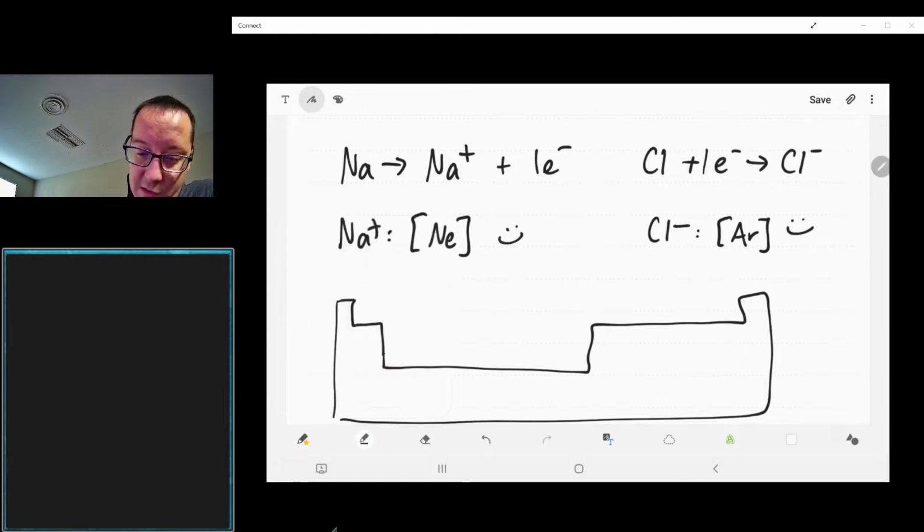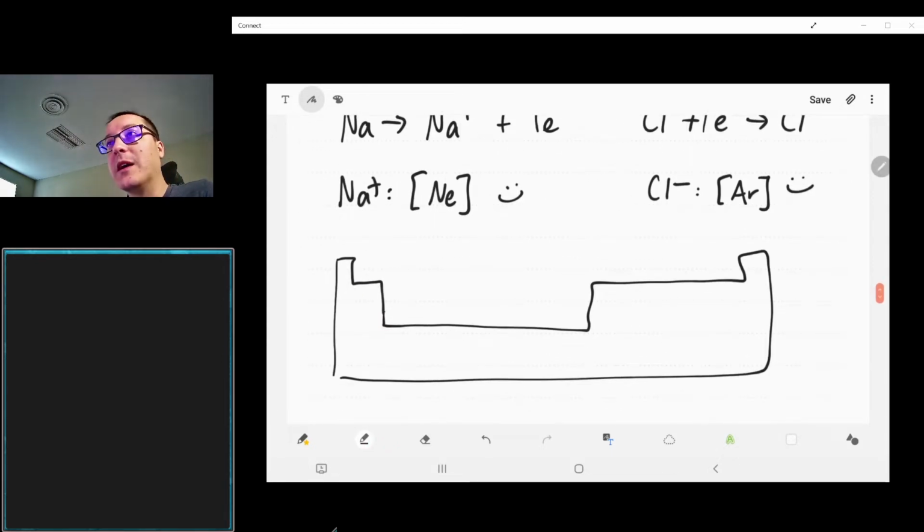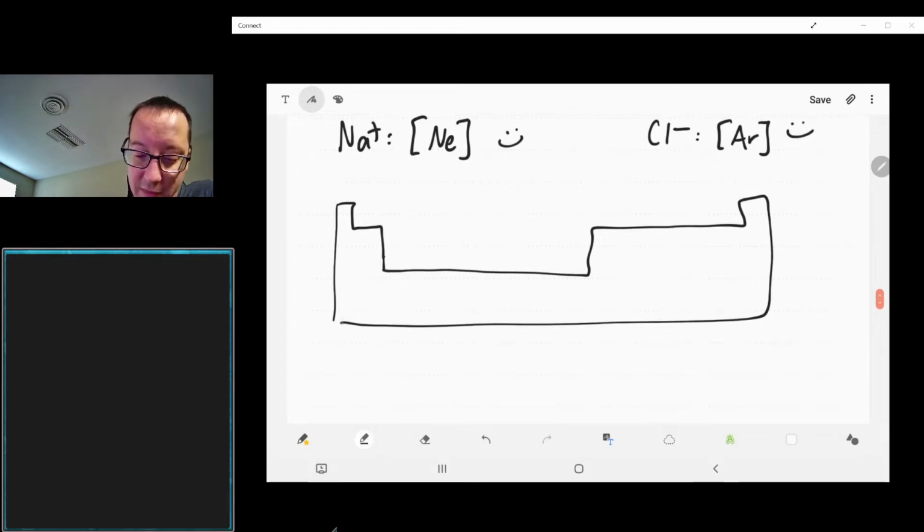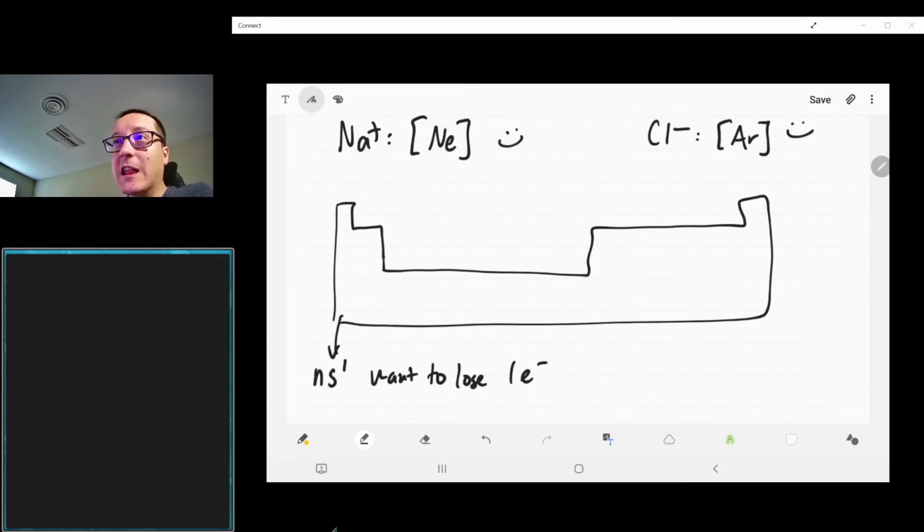If we take a look at everything in group 1, remember, the alkali metals have ns1 as their electron configuration. They want to lose 1 electron.